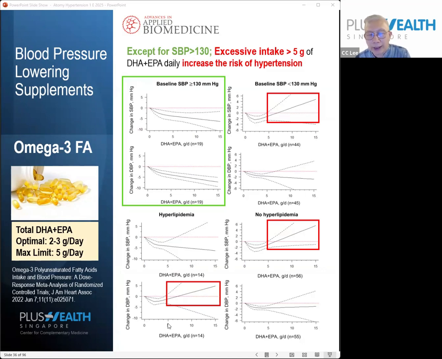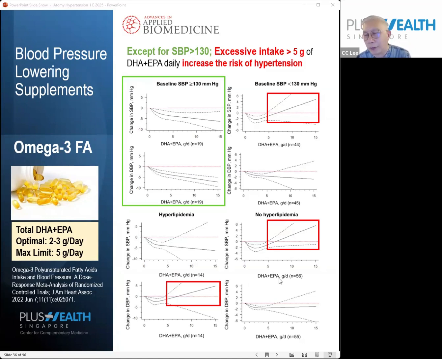If you take an excessive amount of fish oil or EPA and DHA above 5 grams, your DBP, the lower blood pressure, goes up, while your upper blood pressure doesn't. Now, if you are not suffering from any lipid disorder and you have an excess dosage of fish oil, your SBP goes up.